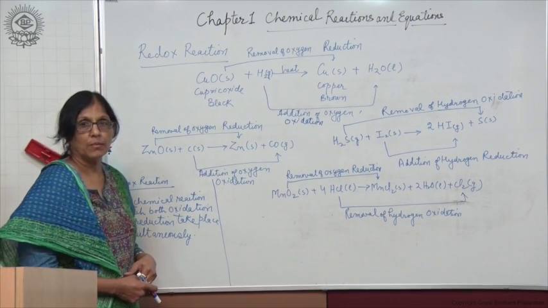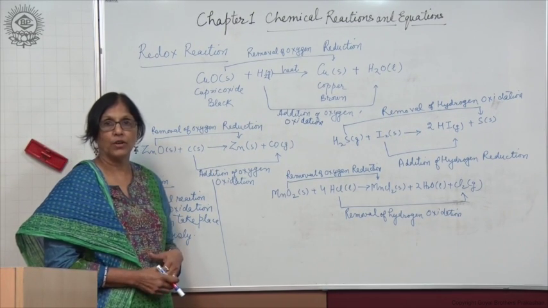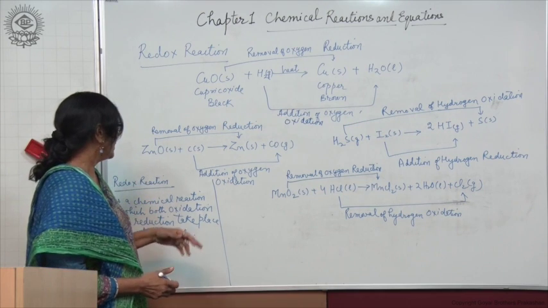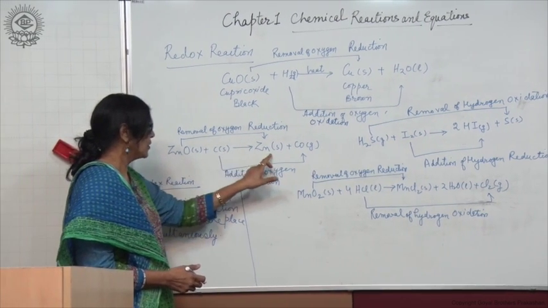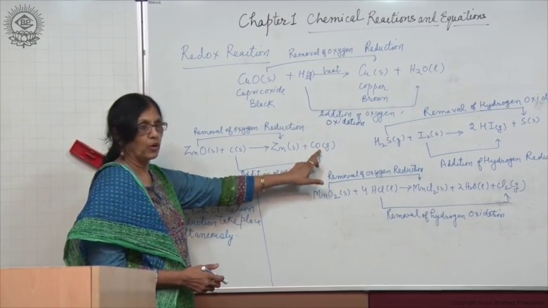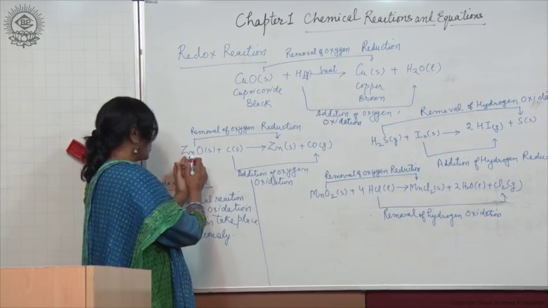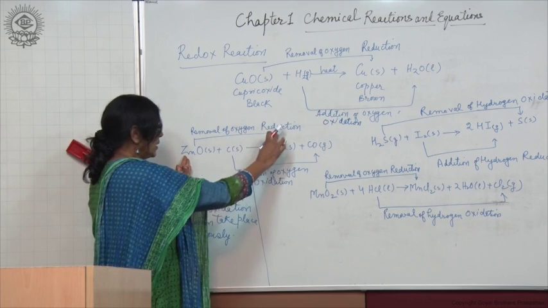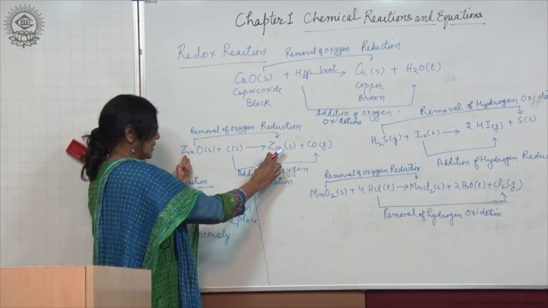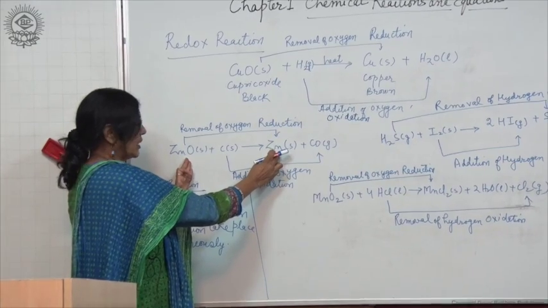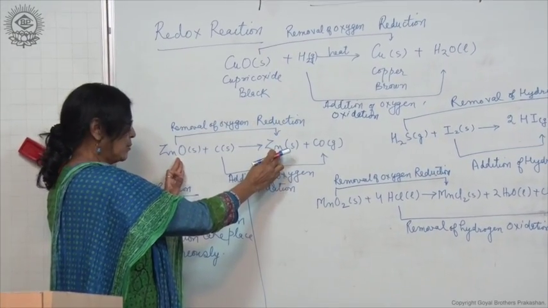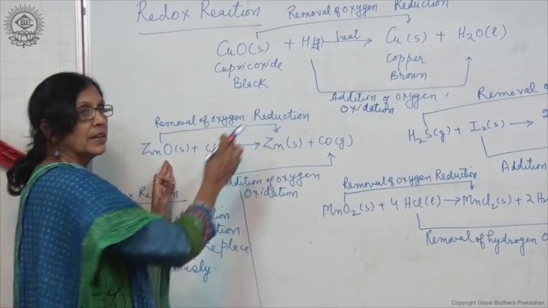Now, let us discuss some more examples of redox reactions, like zinc oxide reacts with carbon and forms zinc and carbon monoxide. See the particular case of zinc oxide, it gets converted into zinc. What do you see here? Removal of oxygen is taking place. Removal of oxygen is called reduction.